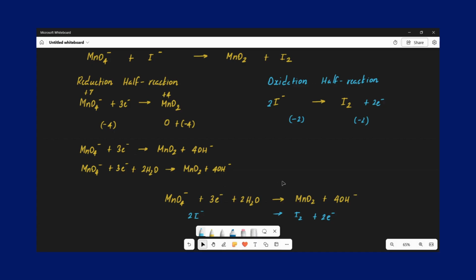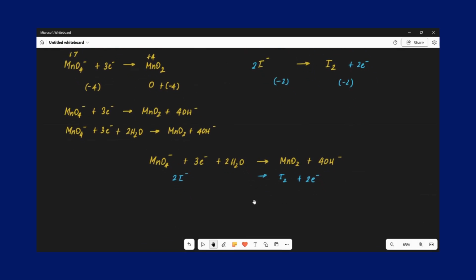Now I need to equate the electrons lost and gained. There are 3 electrons gained but 2 electrons lost. So to equate them, what should I do? I need to go for the LCM. So I am going to multiply the first equation by 2 and the second equation by 3 to make it 6 electrons in total.